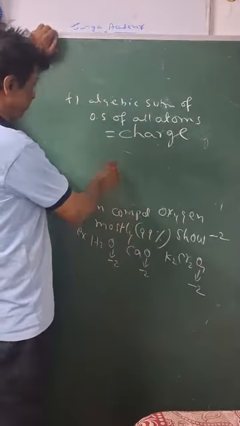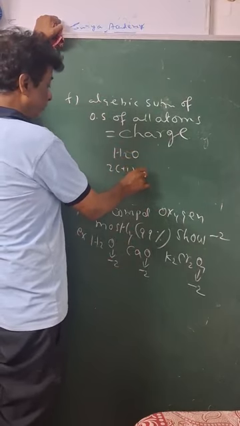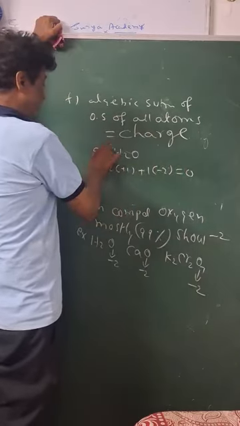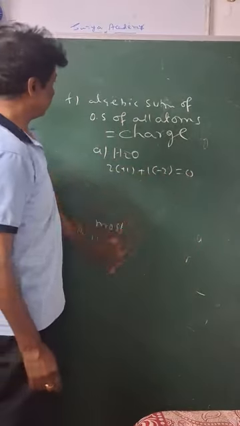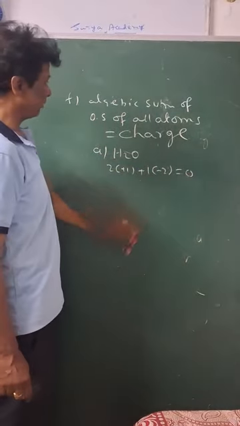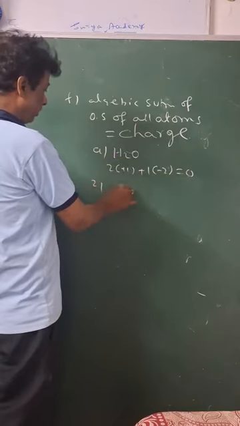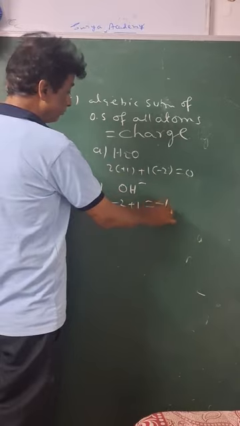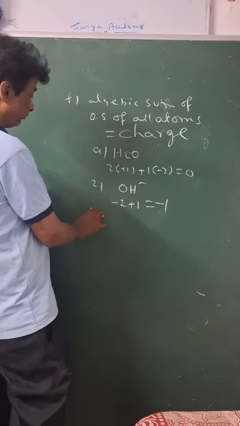For example, H2O: 2 into plus 1 plus 1 into minus 2 is equal to 0. The charge is 0. For OH minus, oxygen minus 2, hydrogen plus 1, gives minus 1.